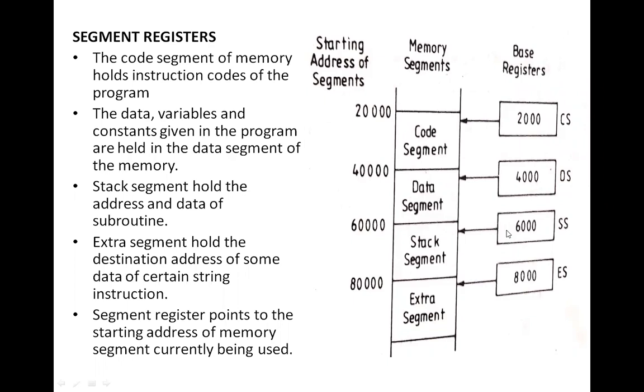Now, this effective memory address or offset address we have to compute in a variety of ways, and the variety of ways by which we define this effective address or the offset address is known as its addressing mode. So it depends upon the addressing modes in which the effective address will be signified.